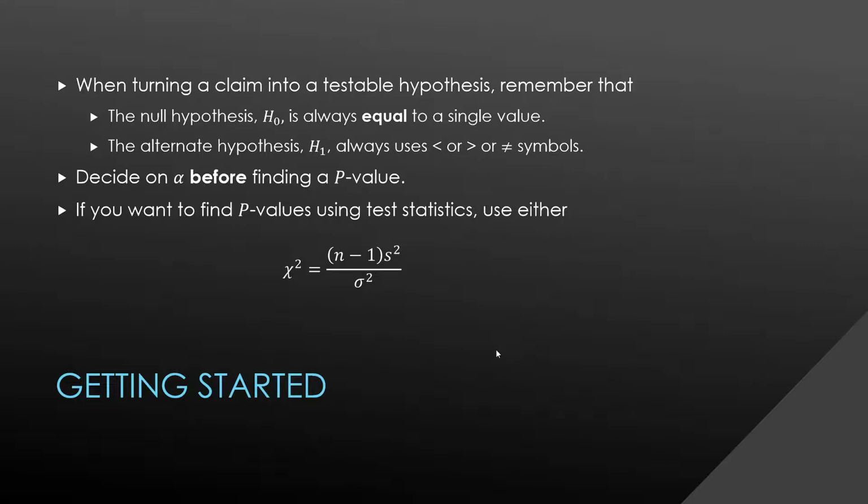Really, the only thing that's changed for us from the end user perspective is what test statistic do I look for variance or standard deviation? Well, it's chi-squared. The formula to calculate chi-squared is on your screen right now. It involves your hypothesized variance here, which is also the square of standard deviation, your sample variance, which is also the square of your sample standard deviation, and the sample size minus 1.